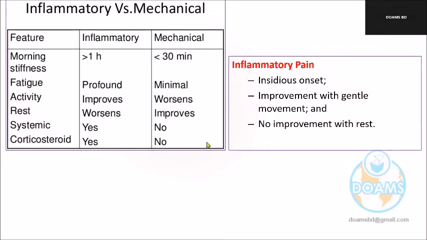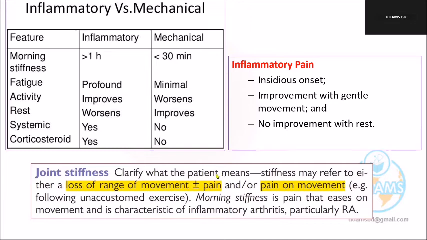Another very important feature for joint disease, especially inflammatory joint disease of synovitis, is joint stiffness. And this is the characteristic of joint stiffness. What does it mean? I would like to highlight here. Stiffness is a loss of range of movement plus or minus pain.